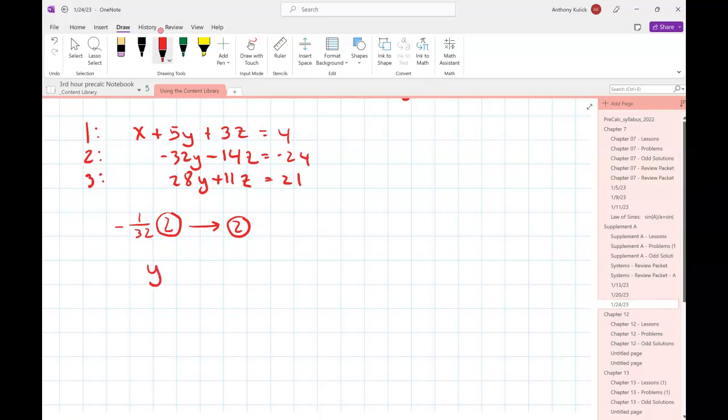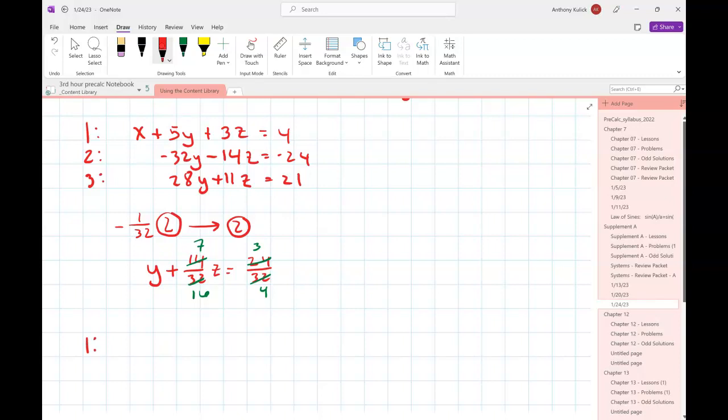So that's going to be y plus 14/32 z equals 24/32. 14/32 reduces to 7/16. 24/32 reduces to 3/4.